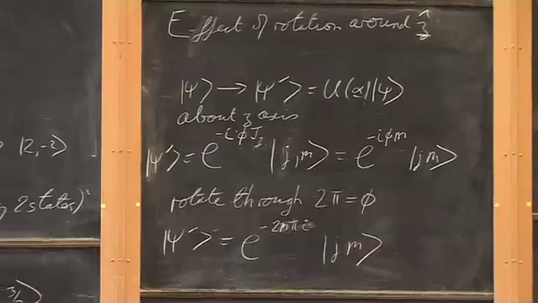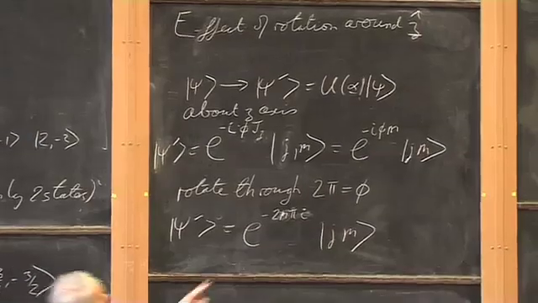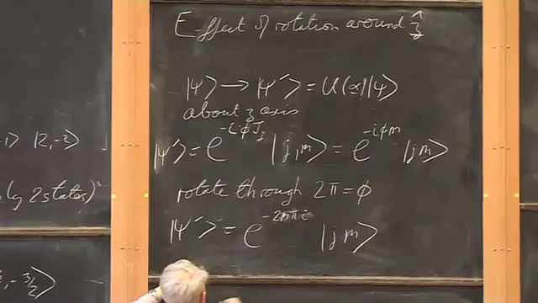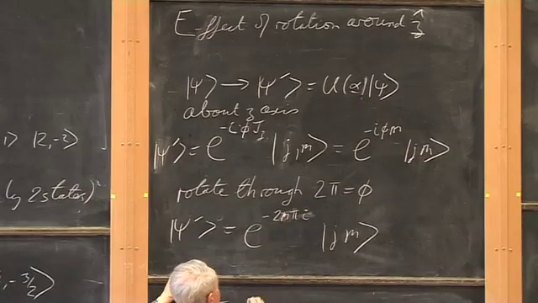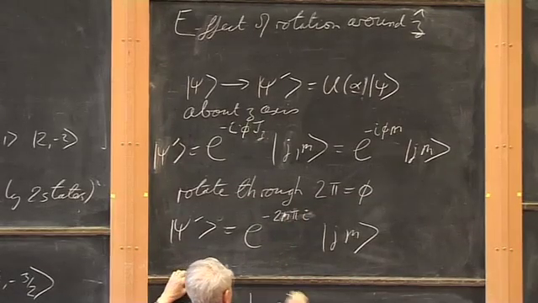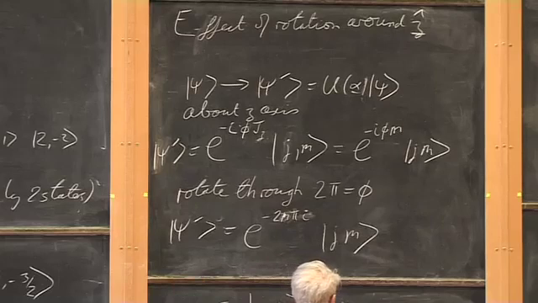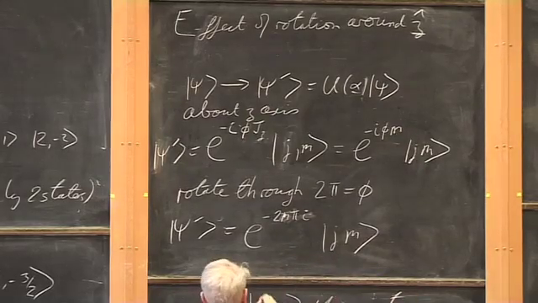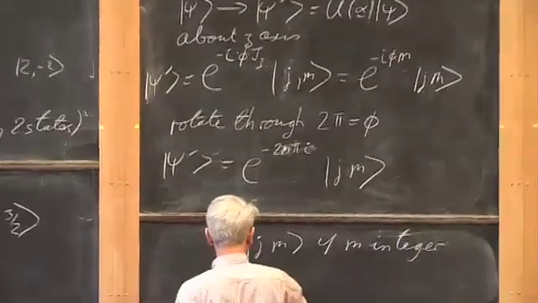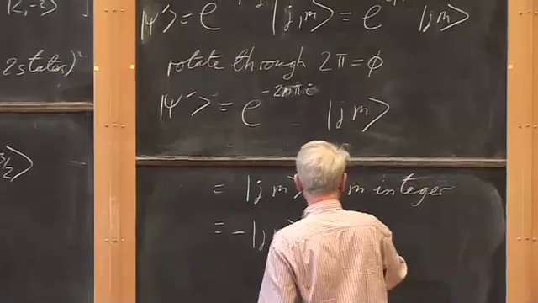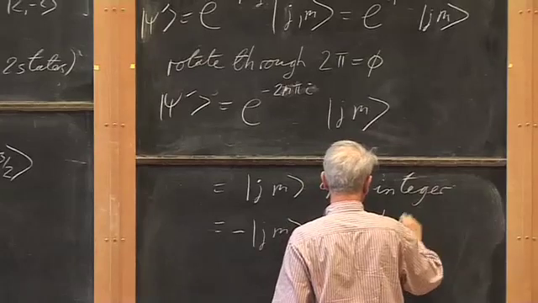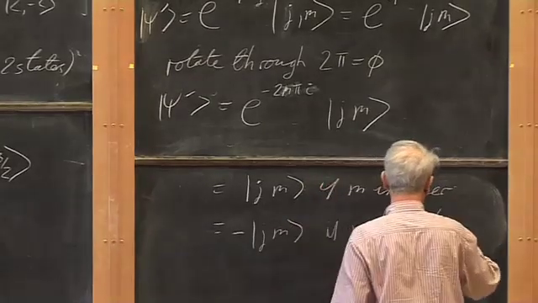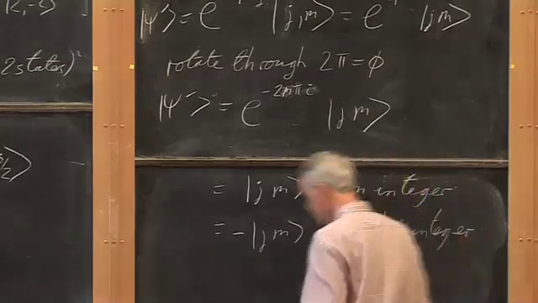If m is an integer, then this is going to be the number 1. So this is equal to jm if m is an integer, but it's equal to minus jm if m is a half integer, as we know it can be.